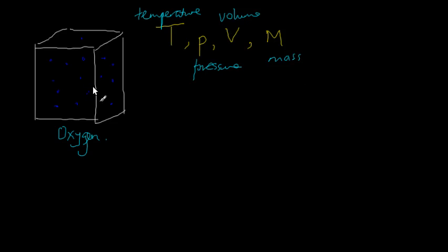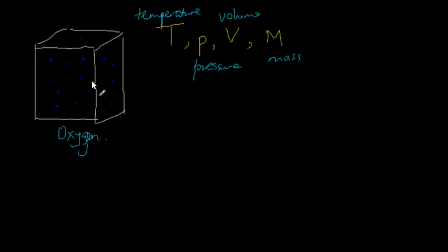Mass is very light, so you might need some clever way to measure it accurately. But with some thinking, they can all be measured with the right instruments. So these quantities describe this box of oxygen.